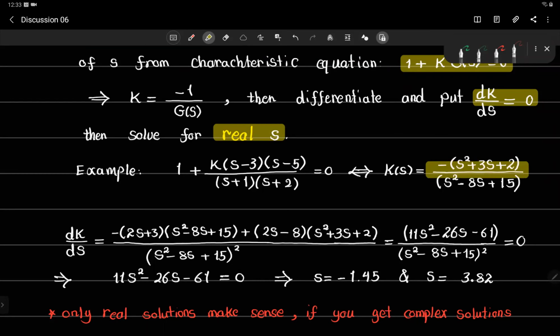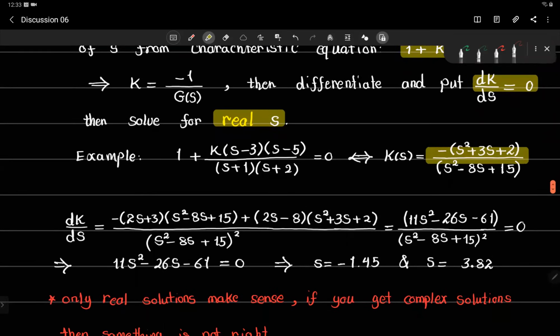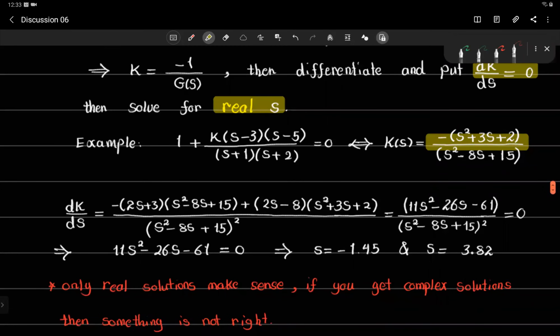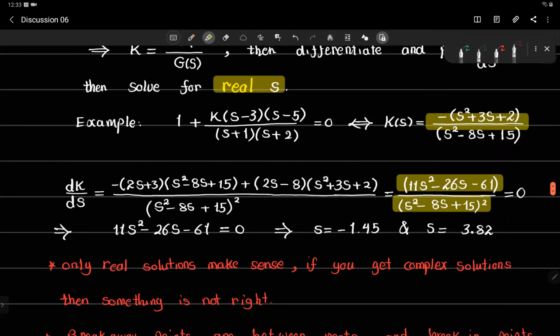So we differentiate with respect to S, my apologies, and when you do the algebra, you see that the derivative will have this numerator and this denominator. To equal 0, the numerator must be equal to 0, which is this expression here. If the numerator is equal to 0, this implies that S will be equal to -1.45 and S equal to 3.82.